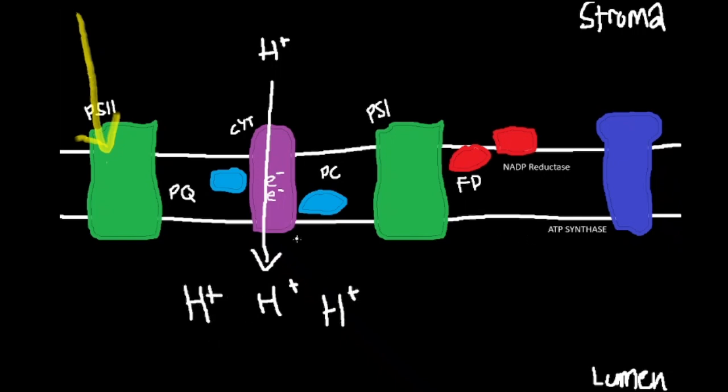here. Now, essentially, what happens when there are a lot of these hydrogen ions in the lumen? It's going to create a gradient. What I mean by gradient is there's going to be a higher concentration of protons in the lumen. Protons are the hydrogen ions, okay?